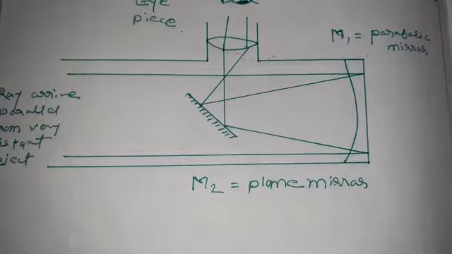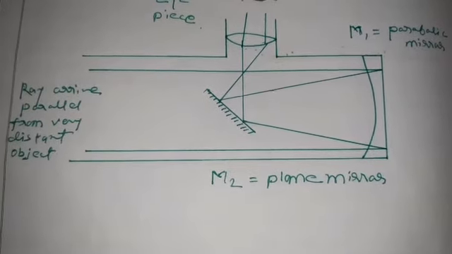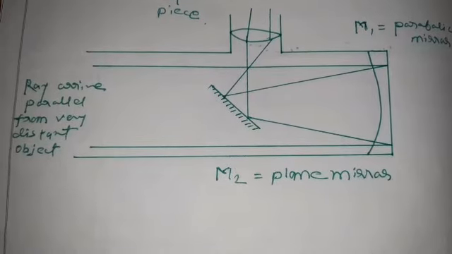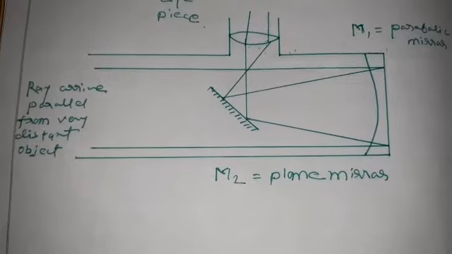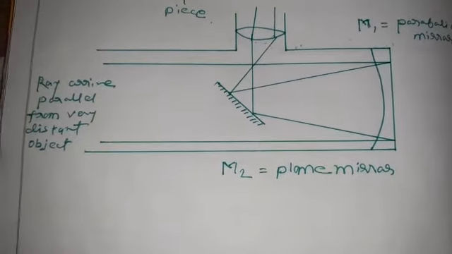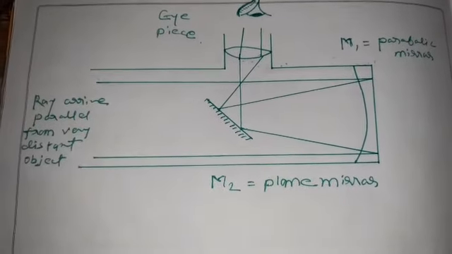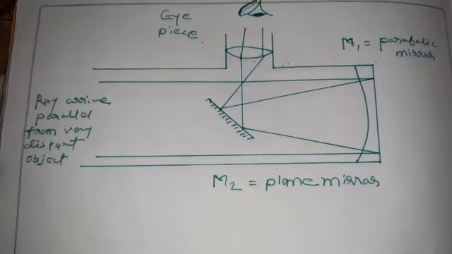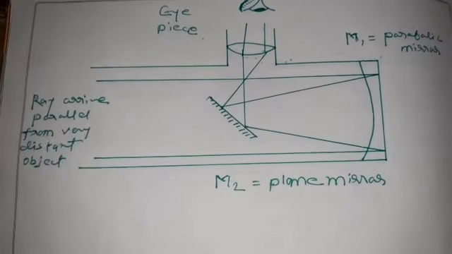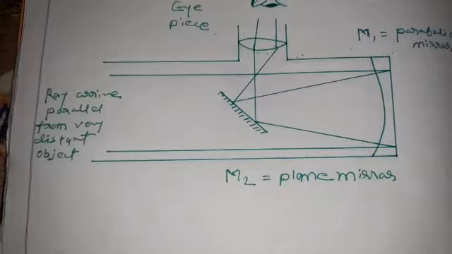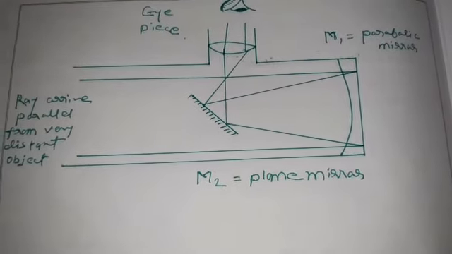A mirror is easier to produce with a larger diameter so that it can intercept rays crossing a larger area and direct them to the eyepiece.